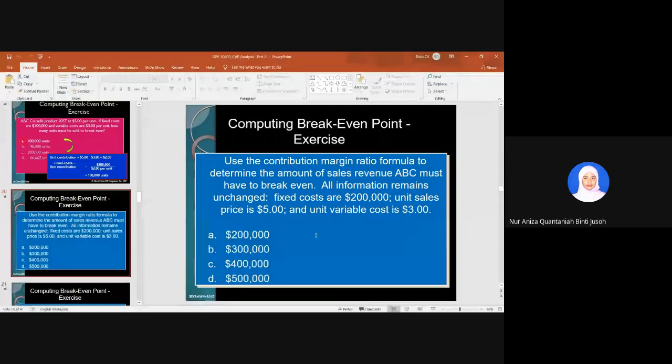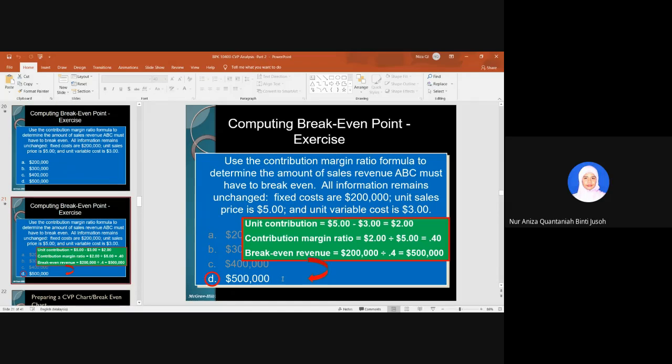Now the fixed cost is 200,000, and the ratio that you got is 0.4, right? So 200,000 divide by 0.4. That will be the BEP in sales amount, in dollars amount. So apa jawapan dia? D. Okay, 500,000. So this is the answer.